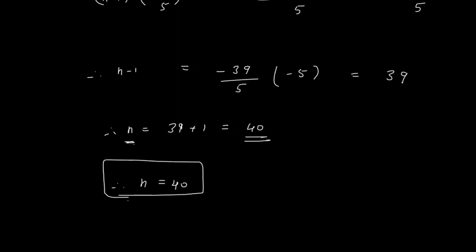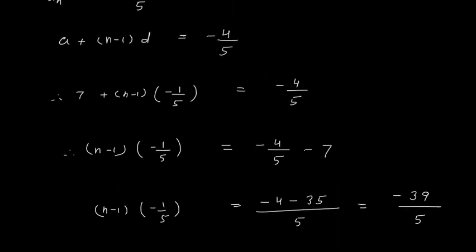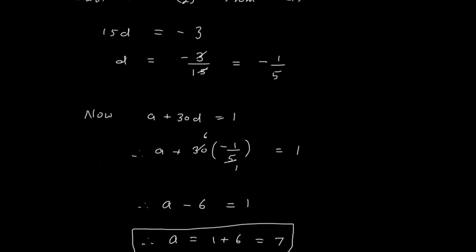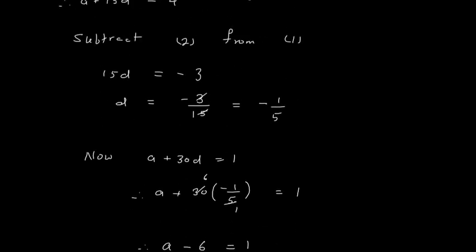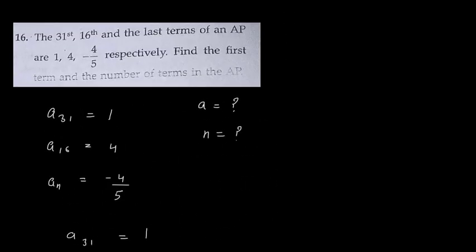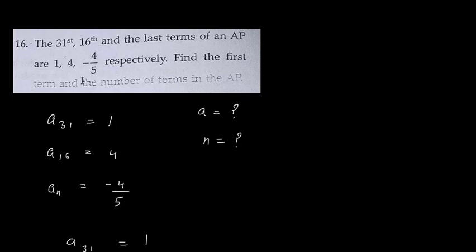So not only do you have to solve, but also you have to see what data is given, and accordingly what should be the range. Okay, from the value of N, I understood that there was something wrong, because the 31st term is 1 and the 16th term is 4, so how can the value of N be less than 31?